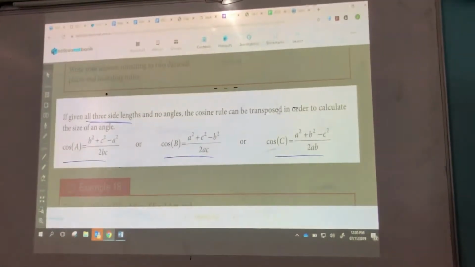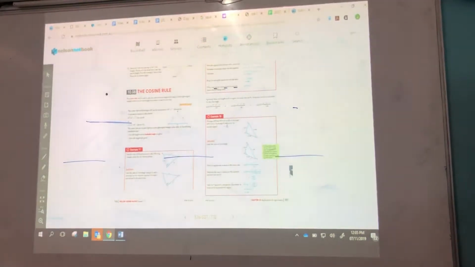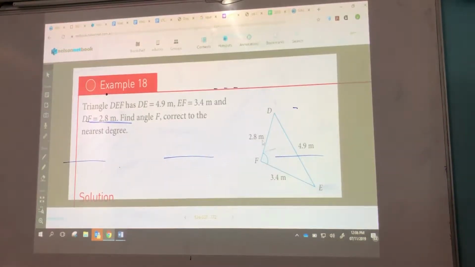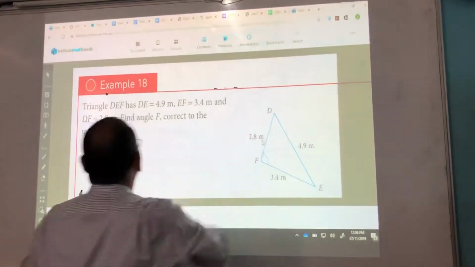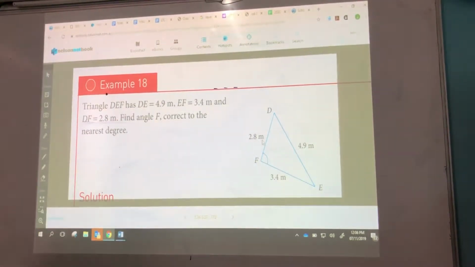Okay, so in this example, obviously this is one where we've got all 3 sides.